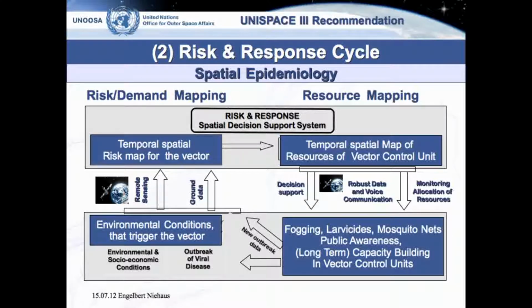On the other side, the temporal spatial map of resources can help to identify the fogging larvicides, application of mosquito nets, and public awareness strategies and capacity building programs for vector control units or social workers in a special area that is suffering from a special disease caused by a vector.